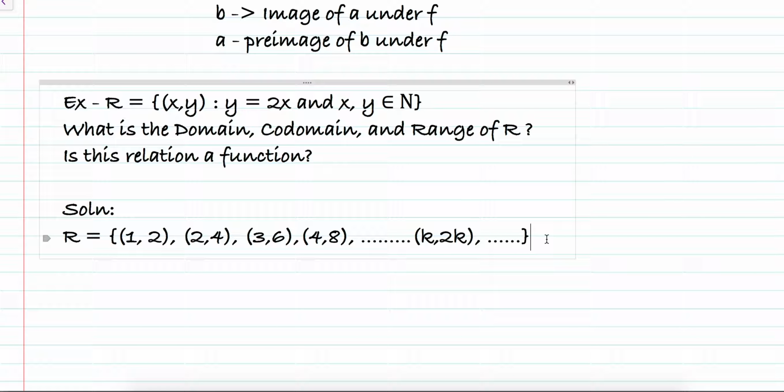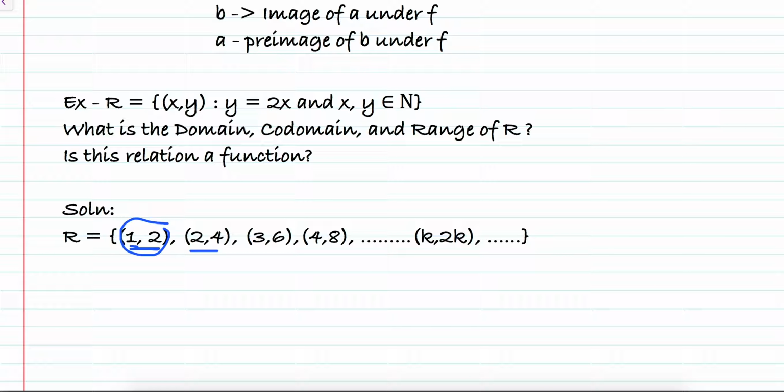So this relation is also an infinite set, but one point to note is that natural numbers are 1, 2, 3, 4, 5, 6, 7, 8 and so on. So this second element in the pair is 2 times the first element. So it can never happen that 1 will appear in two different pairs, because double of 1 is 2, and so 1 will form a pair with just one element.